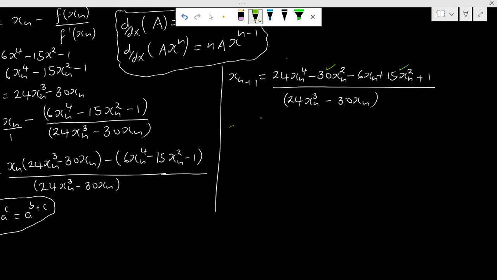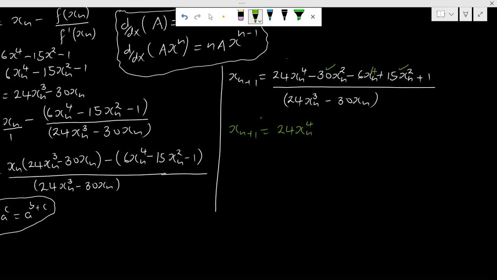So we are going to have x_{n+1} equals 24x_n^4 minus 6x_n^4. It is also raised to power 4, we have it raised to power 4 like that.